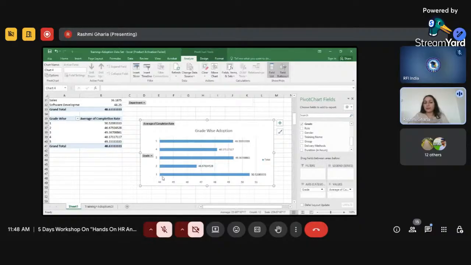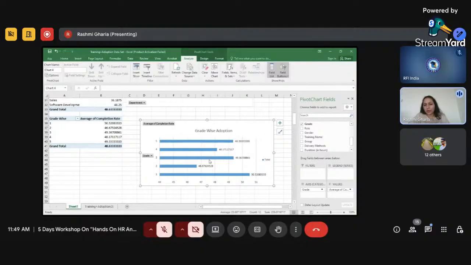And if we see here, the lowest level, they have just joined the company, so these people have been provided training and they have attended it. But this age group and these grade 4 people have lesser, and this higher grade and this middle age group, middle grade people, have close to 49.